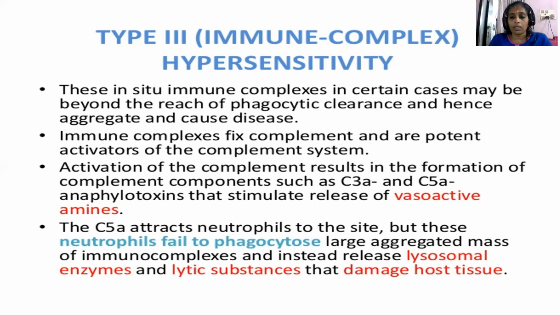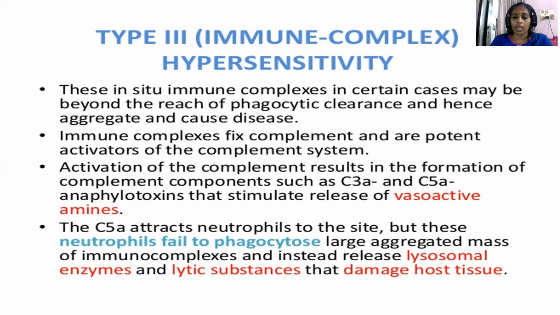In both ways, some reactive molecules will be formed due to the cleavage of certain complement components. There are two major cleavage products, C3 and C5 cleavage compounds. The C5 component and the C3 component get cleaved into C3a and C3b.